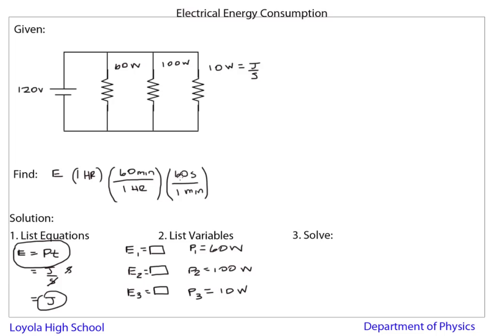You can probably do this in your head, although it's a good idea when you're doing conversions just to break it down. Everything in parentheses is an equality. 1 hour is 60 minutes. 1 minute is 60 seconds. But I know to put them on top and bottom by the units. So if I have hours on top here, hours are going to be on the bottom here. Minutes on top there, minutes on the bottom. So I'm left with a total of 3,600 seconds.